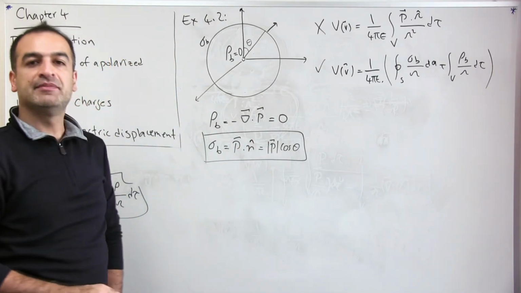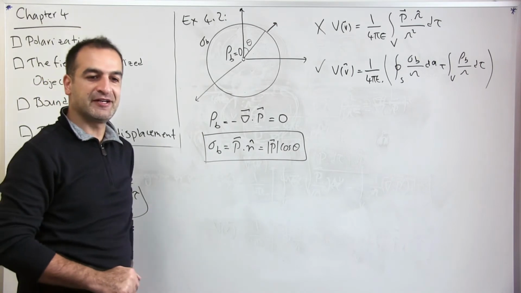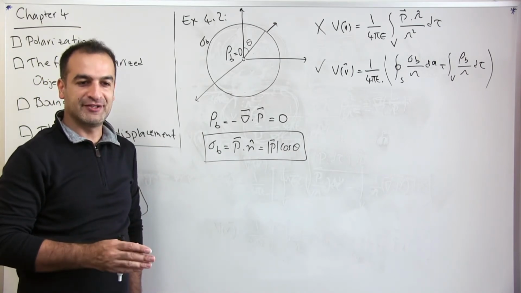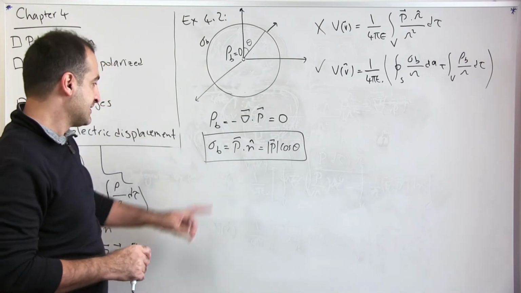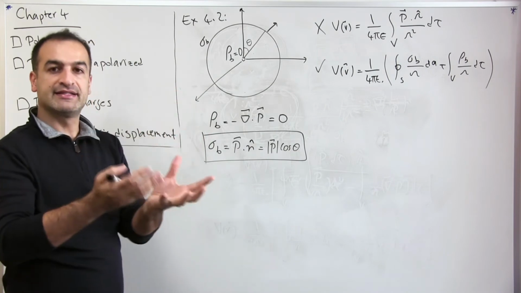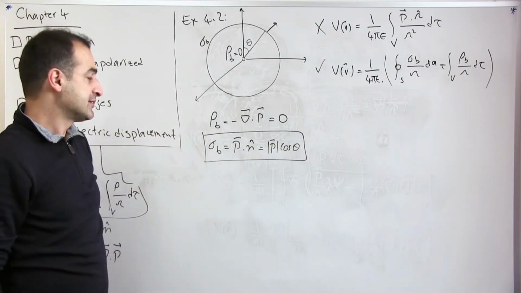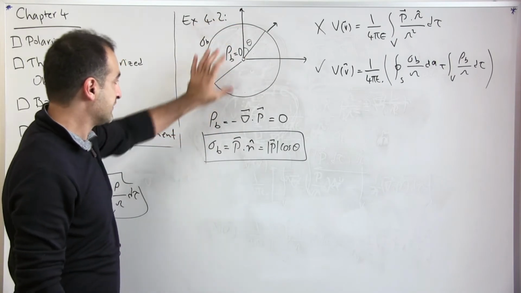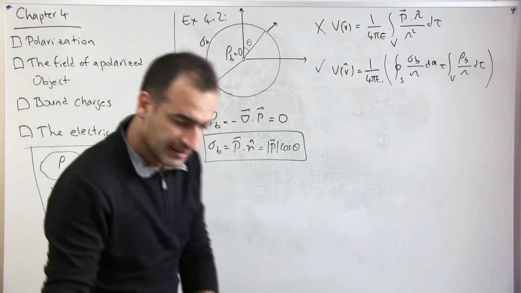This is very similar to one of the examples we had for separation of variables in spherical coordinates, where we have a surface charge density proportional to cosine of theta on a shell, on the surface of a sphere, and that's going only on the surface and nothing in the middle.